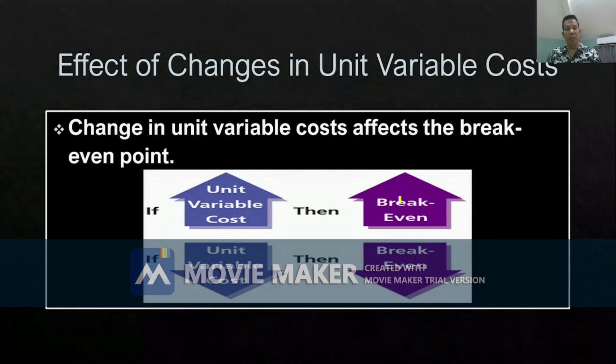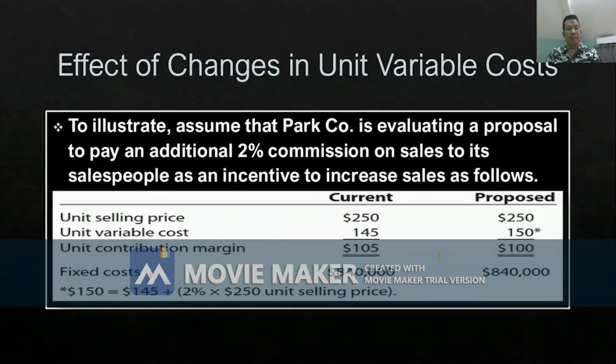So malaki yung potential na magkakaroon ka ng break-even kung yung unit variable cost mo is increases. While if you decrease your unit variable cost, so malayo ka na magkaroon ng break-even point.